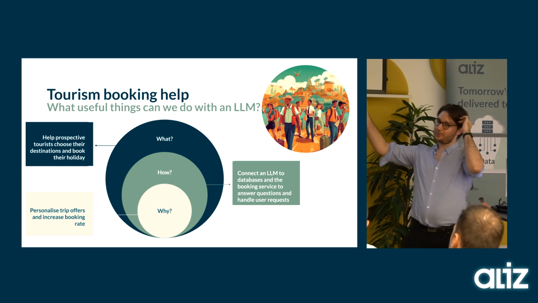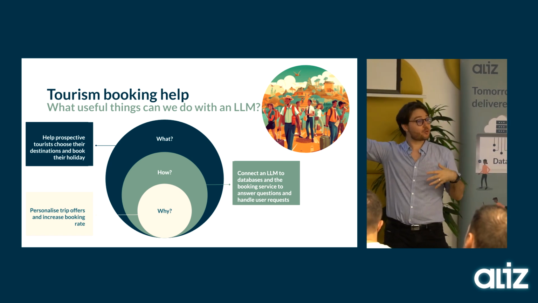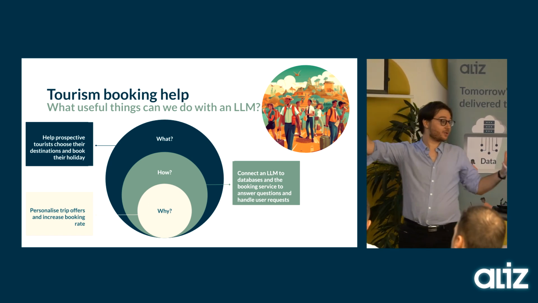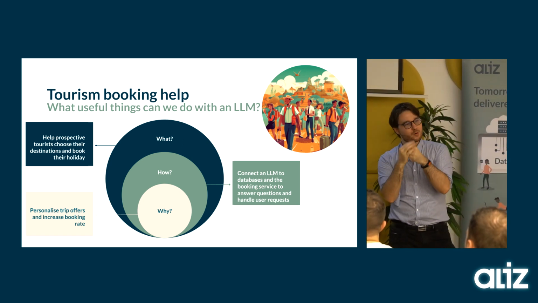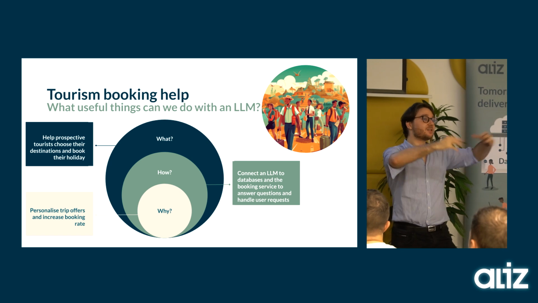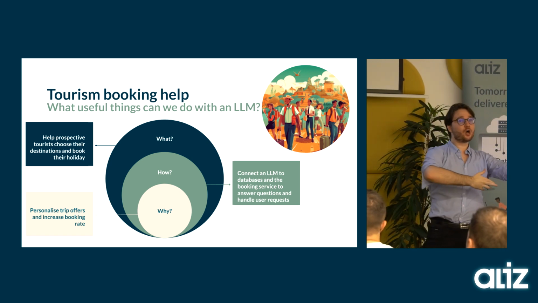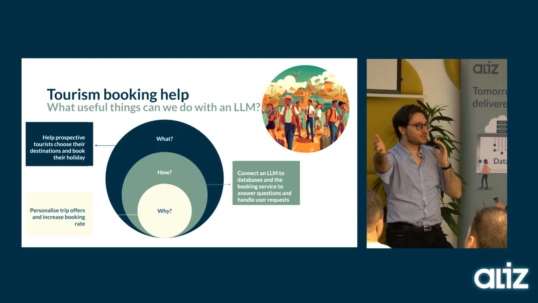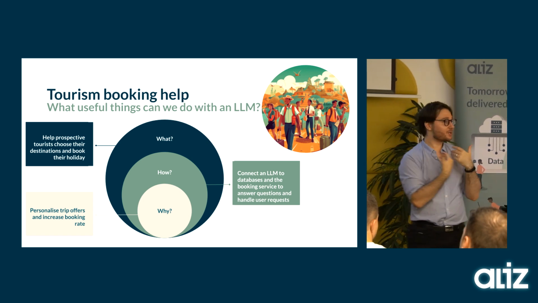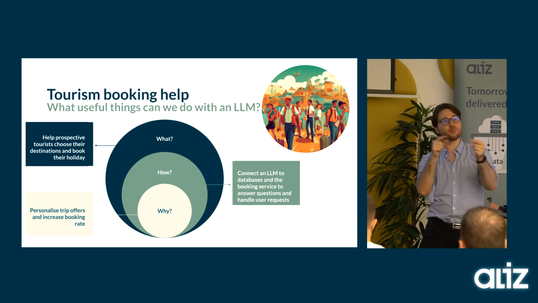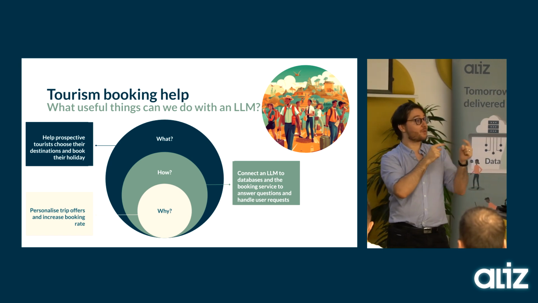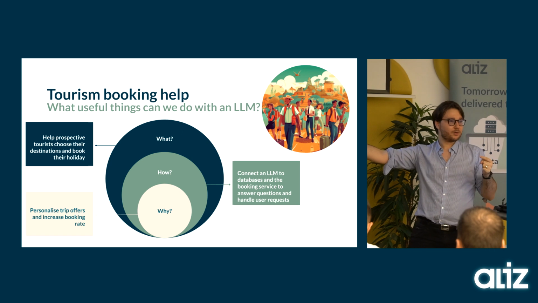The final one, which we've already seen how it could go wrong in one way, is tourism booking. Let's say I'm a travel agency, and my problem is that there's a vast offering of places to go, ways to fly there, places to stay, things to see there, and it's really hard for people to figure out what to do, and also to make their booking, to personalize their booking and to go through the booking flow.